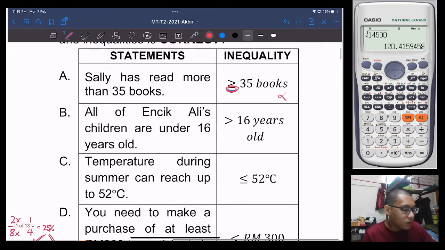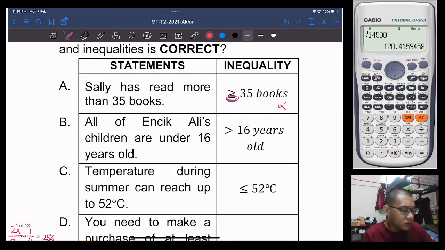So all of Encik Ali's children are under 16 years old. Under 16 means not more than 16, and not equal to 16. That means they are all below 16 years old. So this one is below or more. When we try to present, let's say we put the x in front.